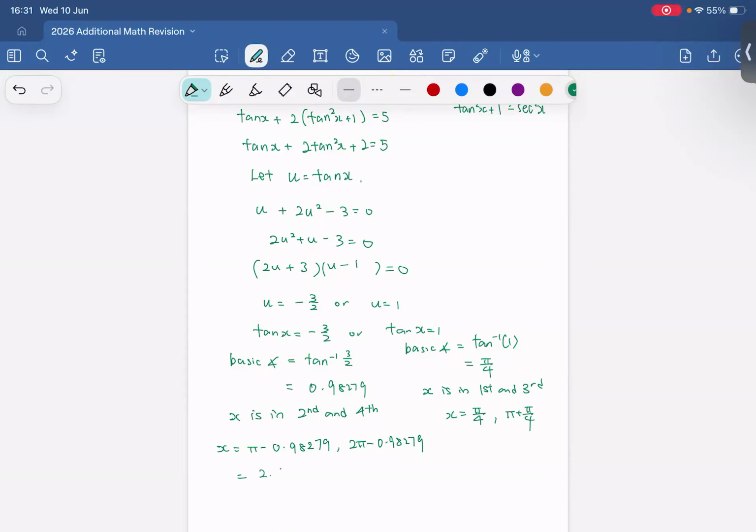So this is 2.158. This is 5.300. So to three significant figures, 2.16, 5.30. Okay, and then this one will be 5 pi over 4.